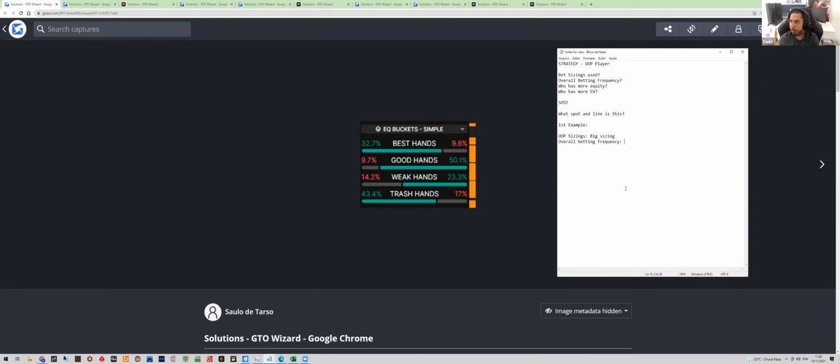Any ideas here? Calculating how much value we shove and add some bluffs to that frequency to make opponent indifferent. Okay. Stephen said all our best hands 32 plus half our trash 21.